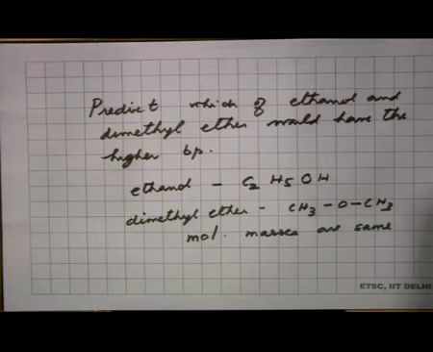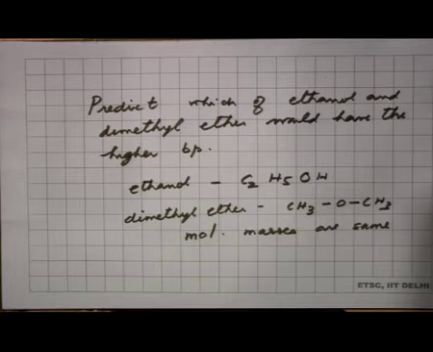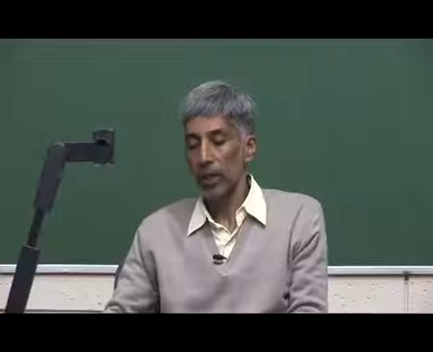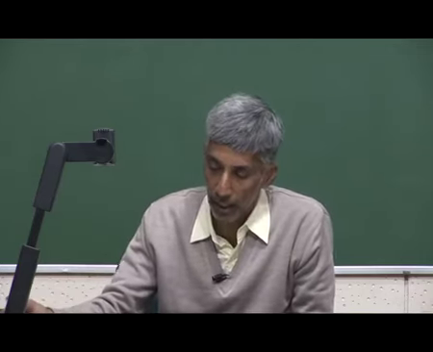So, the question we are asking is, given that the molar masses of these two are the same, could we, with the knowledge that we have got thus far, predict which of these would have the higher boiling point?